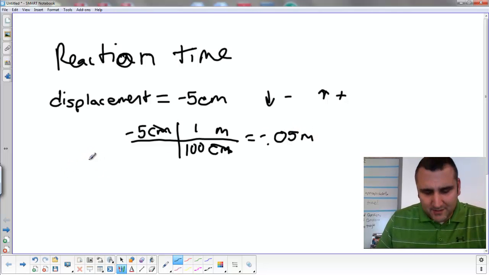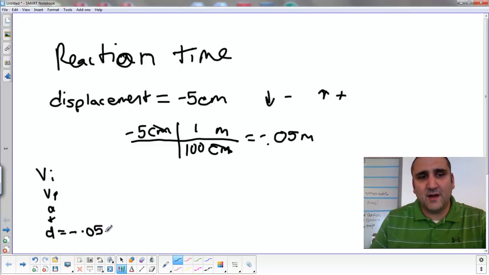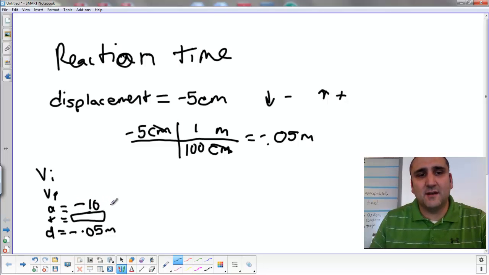So the next piece of the puzzle is to create this chart, and I tell the kids to make this chart every time they do a physics problem. VI, VF, A, T, D. And the D stands for displacement, which in our case is negative 0.05 meters. The T is what we're looking for because we're trying to calculate the displacement time. Acceleration, because it is in fact a projectile, is always negative 10 meters per second squared.